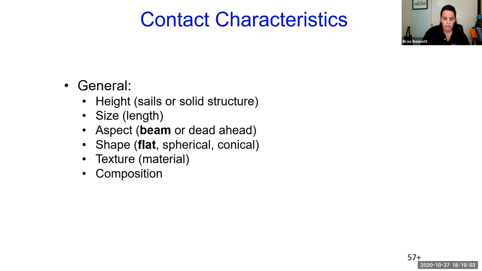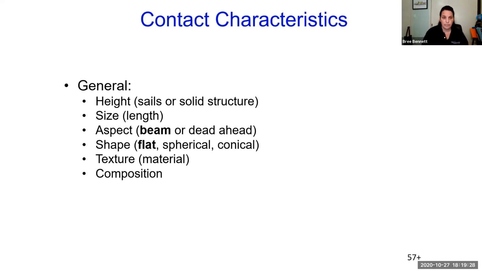And that's also really important when you get into the rules of the road and figuring out what kind of situation, if there's risk of collision, what kind of situation are we in when you see the aspect of another vessel. The shape of another vessel, again, goes with that return. The texture, the composition, all goes with how much return you can get.